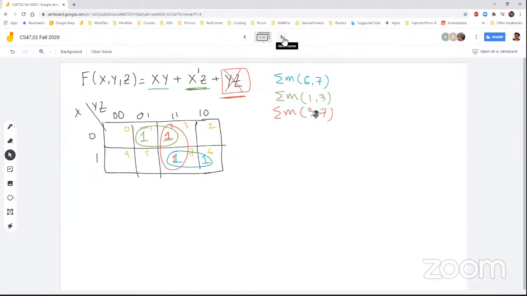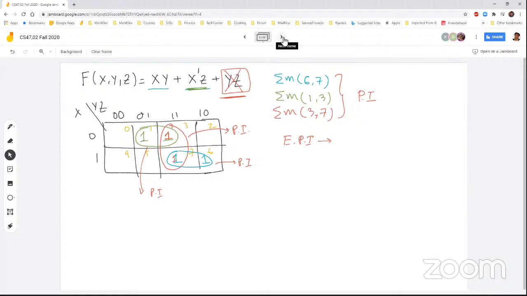According to the K-map reduction policy, these are all prime implicants: prime implicant, prime implicant, prime implicant. But essential prime implicants, EPI, are those groups that are covering a unique one.